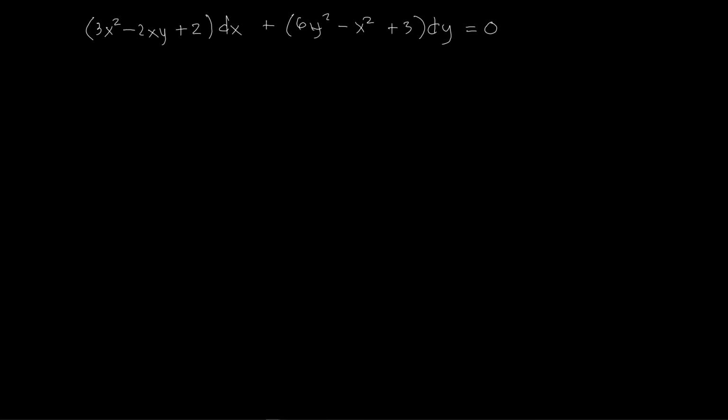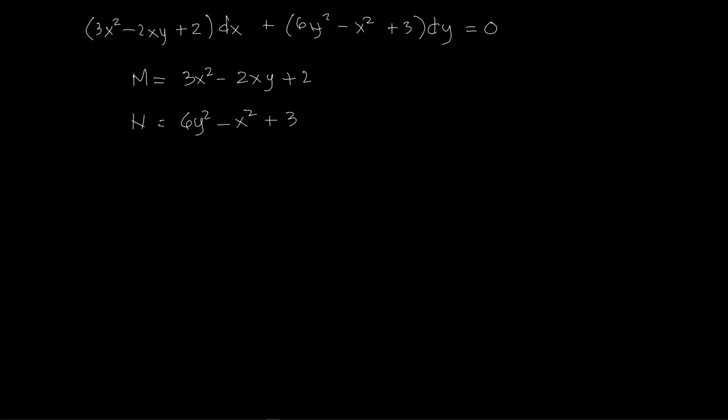Okay, check for exactness. Unsa tong m? 3x squared minus 2xy plus 2. Our n is equal to 6y squared minus x squared plus 3.